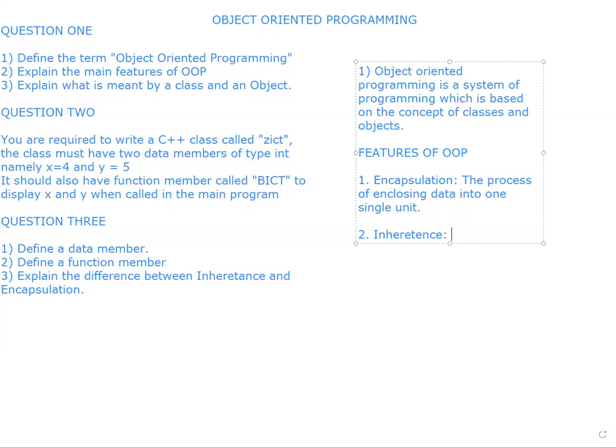So OOP has this feature whereby data which is enclosed in a class or in several classes can be exchanged and inherited between several different classes. There are some terminologies that we are going to find as we go on, which actually suit our normal human day-to-day life, such as parent class and child class. They exist in OOP. That's why this concept of inheritance is there.